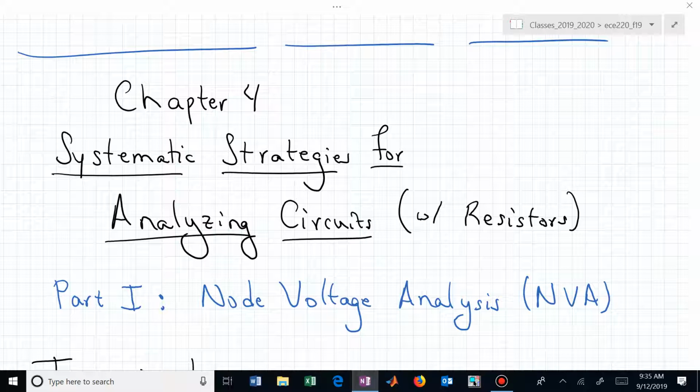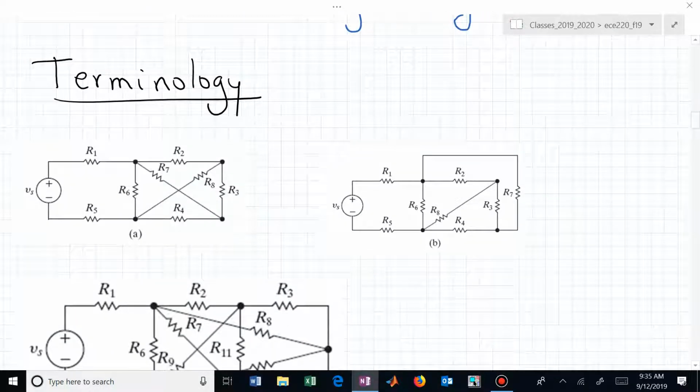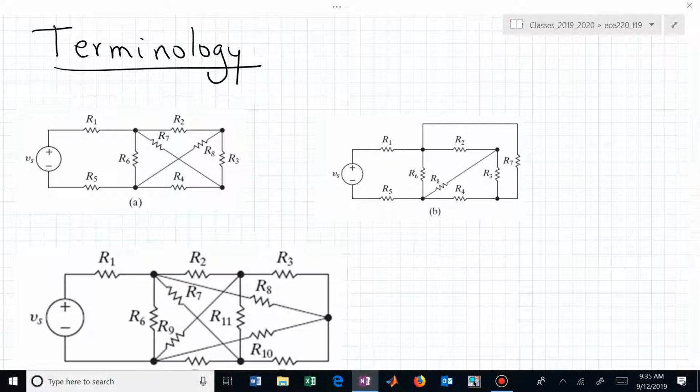Chapter 4 gets into mesh current analysis, MCA, and it also does some source transformations and maximum power transfer. So we'll have more material in Chapter 4 than what you might find in Unit 4 on the course website.